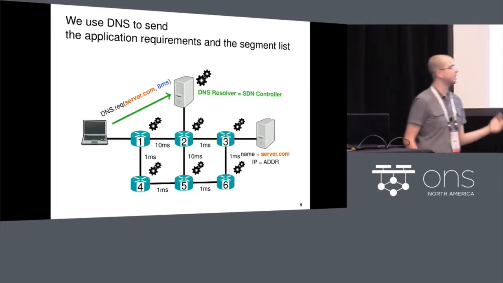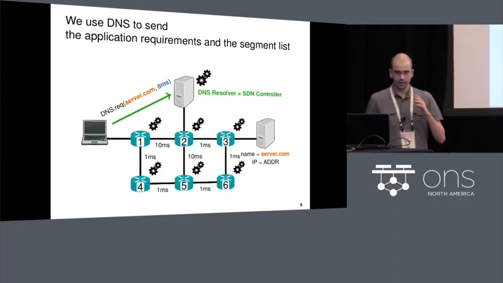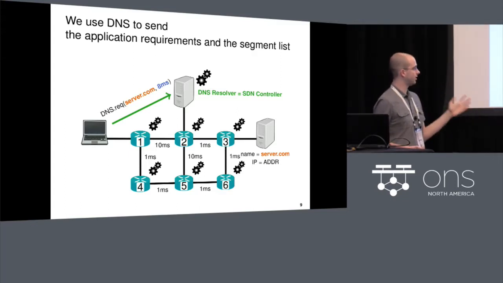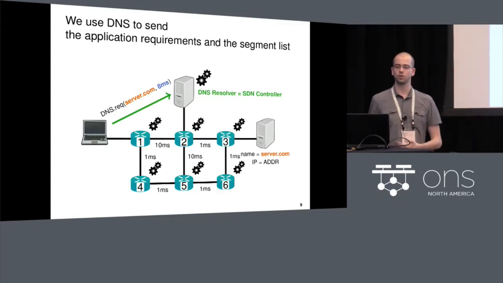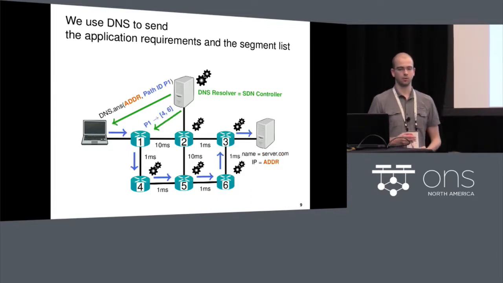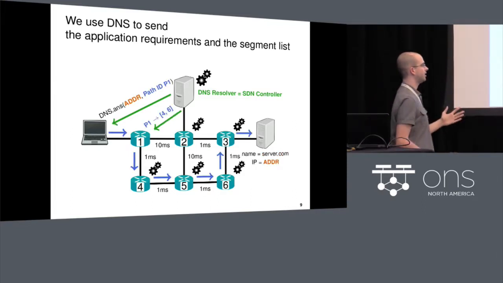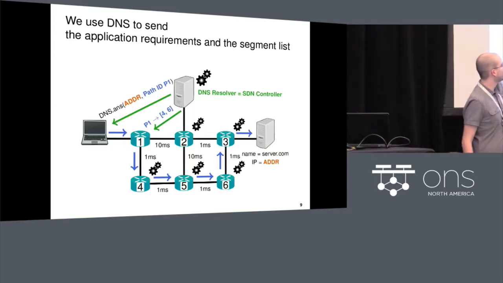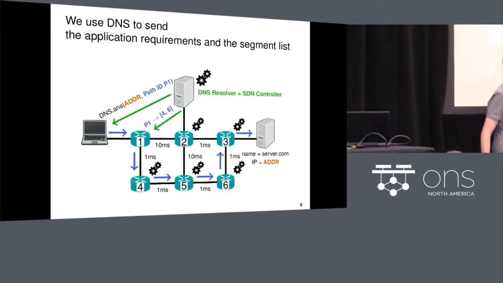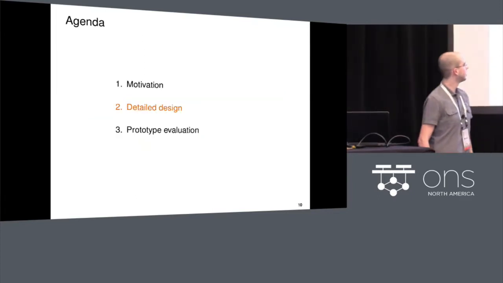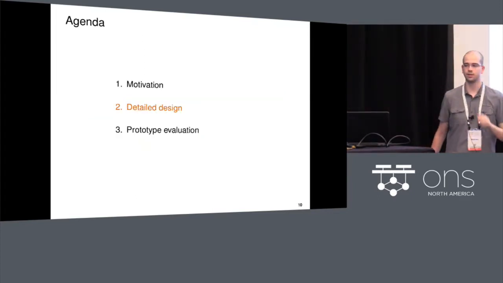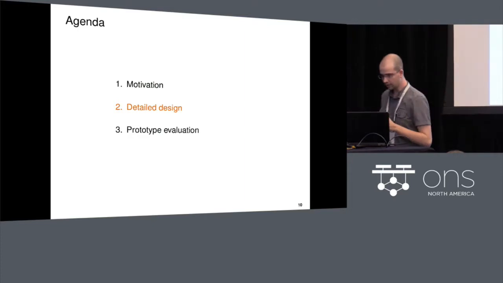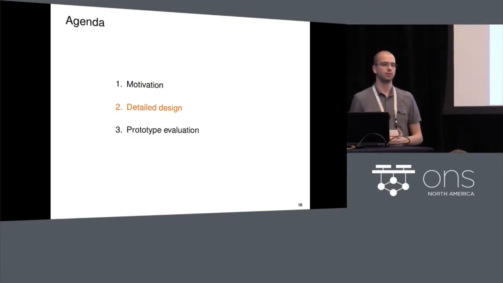Here, this application wants 8 milliseconds of latency, and it sends this to the DNS resolver, which is, in our case, also the SDN controller. The SDN controller makes some computation, returns a path ID, and installs inside the access router the mapping between the path ID and the real path to use inside the network. So this is how it works, and this is why we want to do it.